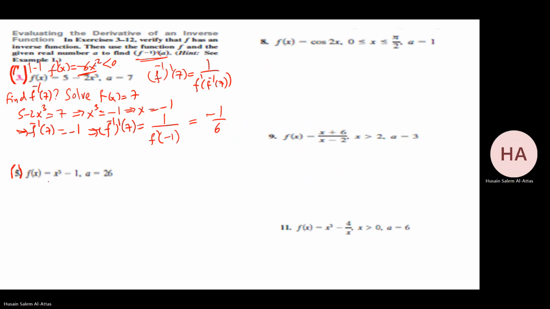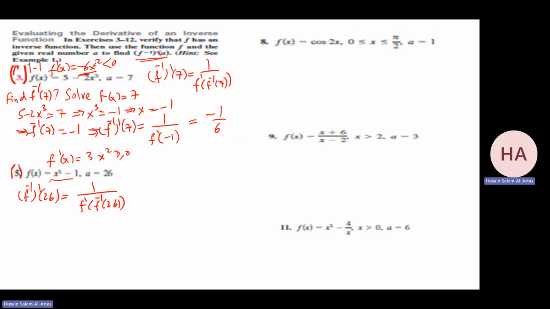Okay, this one will do the same. What will be f prime? It will be 3x squared, which is always positive. Continuous, differentiable, no problem. So what we will do, I need to find f inverse prime at 26, that is 1 over f prime at f inverse of 26.